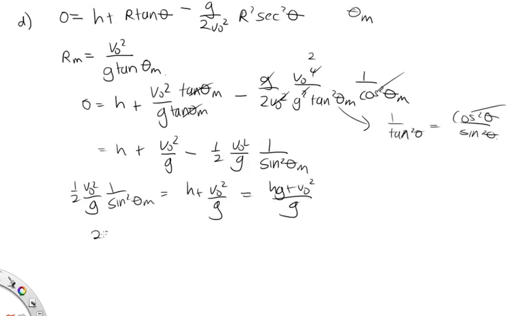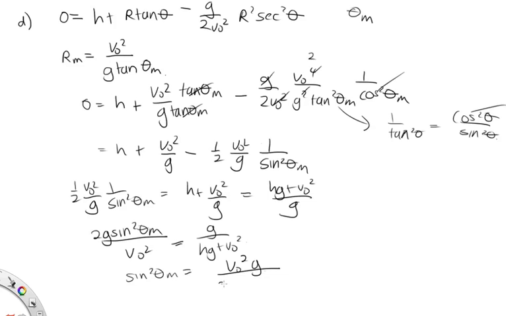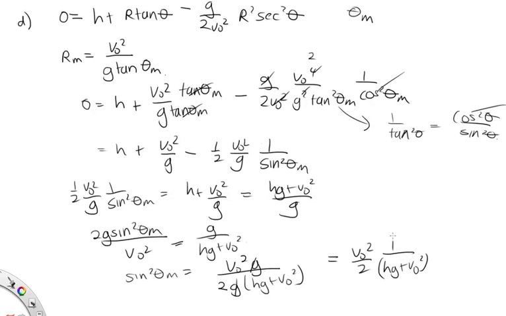We can write 2g sine squared theta m over v naught squared is equal to g over hg plus v naught squared, and then sine squared theta m is equal to v naught squared g over 2g, hg plus v naught squared. These g's cancel out and we end up with v naught squared on 2, 1 over hg plus v naught squared, which is almost what we were asked to show.